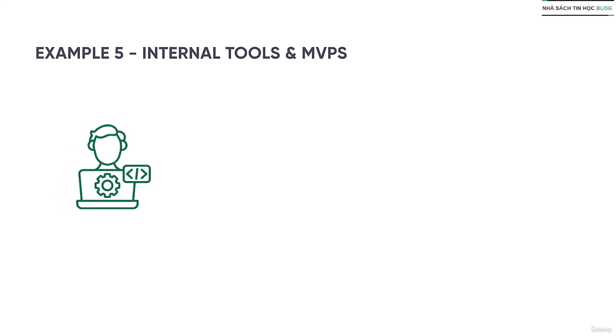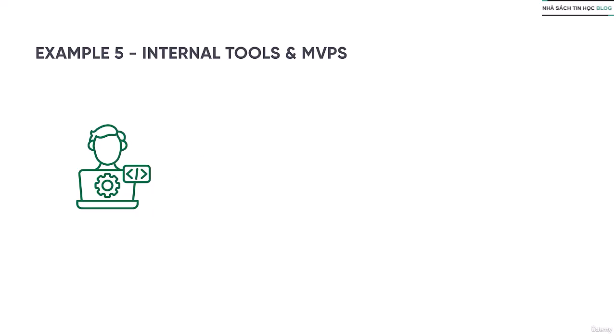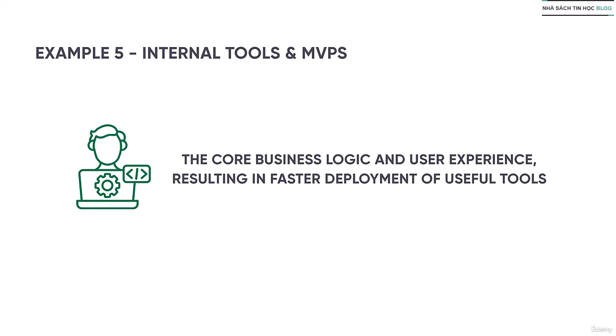Engineers are using this to create functional internal tools or MVPs rapidly by offloading the basic setup to the AI, and then engineers can focus purely on the core business logic and user experience, resulting in faster development and deployment of useful tools.